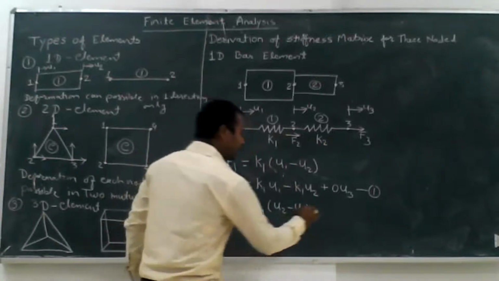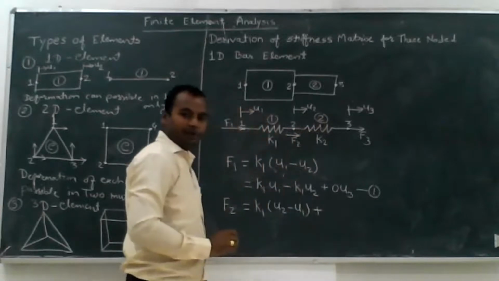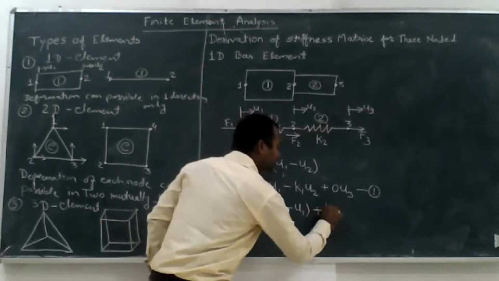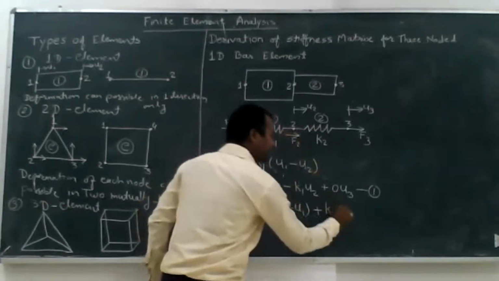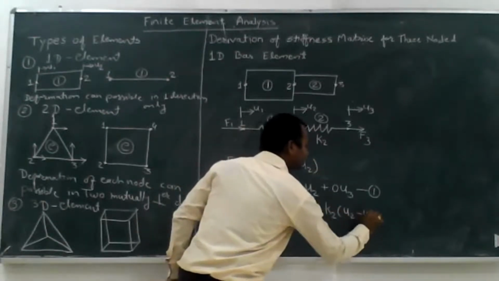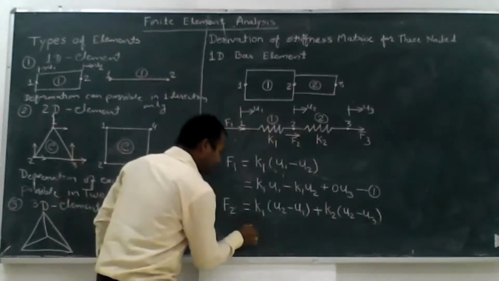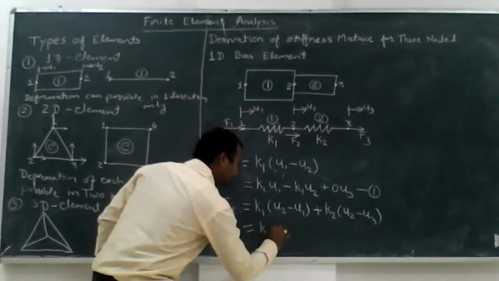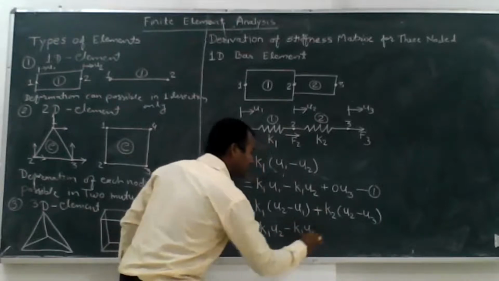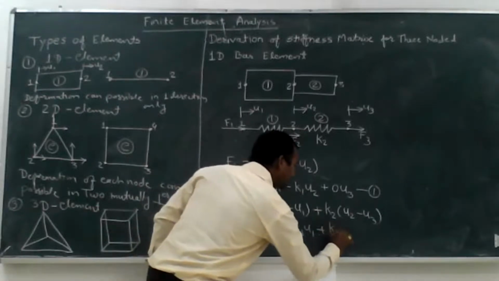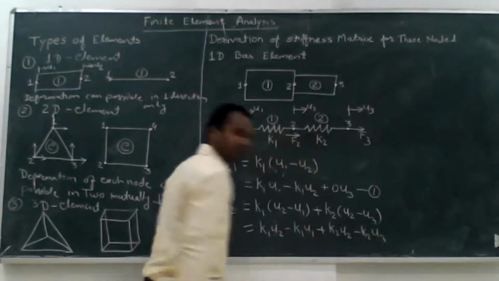Plus, node 2 is also connected with element number 2, so K2 into U2 minus U3. So that is K1 U2 minus K1 U1 plus K2 U2 minus K2 U3.